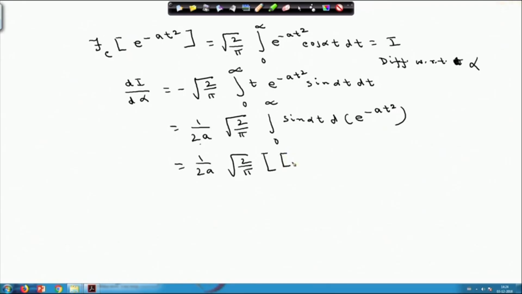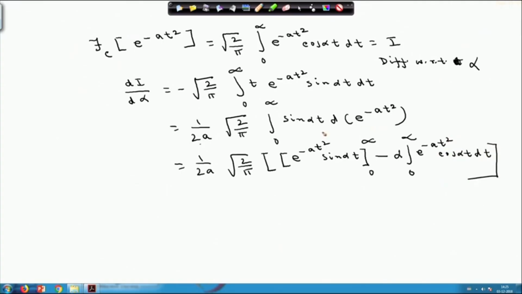So, I am using integration by parts now: e power minus a t square into sin alpha t, where the limit will be from 0 to infinity. Second part will be minus integration of this part, that is minus alpha into integral 0 to infinity e power minus a t square into e power minus a t square into cos of alpha t dt.